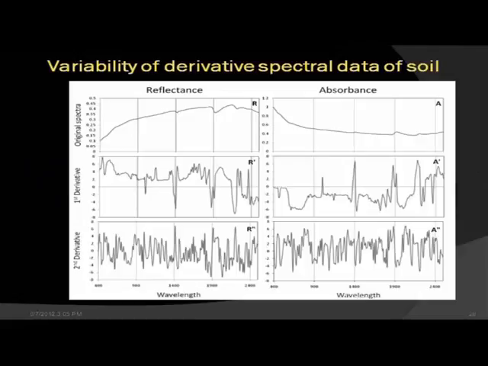Coming to the second issue: whether we should consider only the raw reflectance data which you are getting from the sensor, or go for some kind of mathematical transformation. You can see here the reflectance data on the top curve, which can be converted to absorbance by taking 1 by log 10 R, and further mathematical manipulation can be done by taking the first derivative and second derivative.